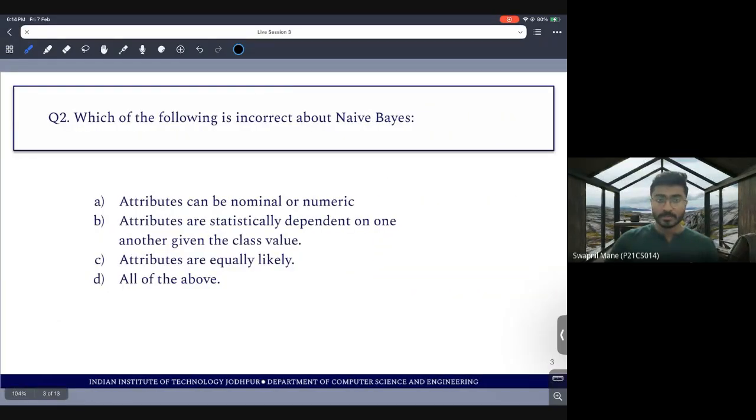Okay, let's move to another question. This is also a simple question that is also explicitly discussed in the lecture. So please read this question carefully, and please try to analyze which option is correct for this question.